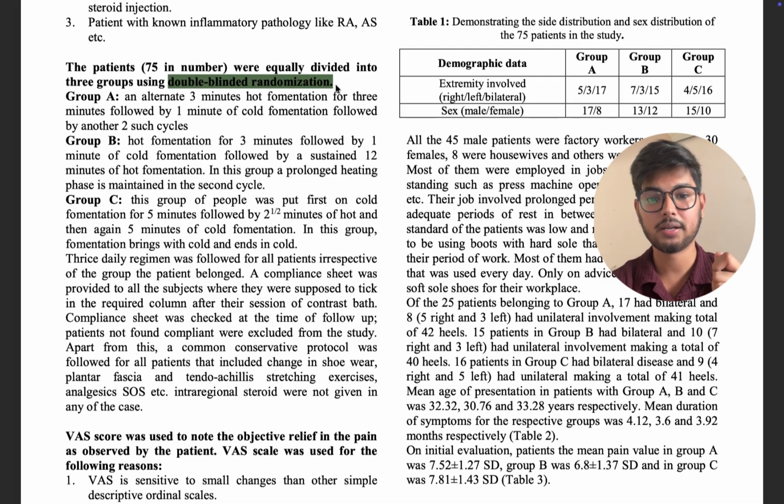If it is single blinded, that means only the patient did not know in which group he was placed, but the assessor knows which patient was assigned to which group. So this can sometimes create bias. If I am the assessor and I am favoring some certain group or certain kind of patients, that can hinder your results. That can produce bias in the nature that we don't want. So if your study shows double blinded, it's a good study.